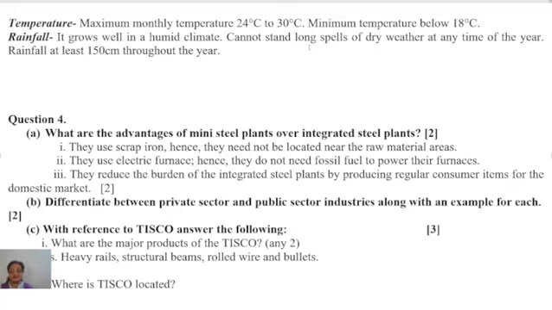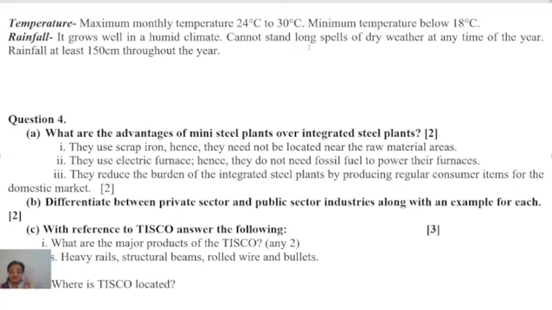You can see now. Number one, these mini steel plants are using scrap iron, which is actually left-out iron in the integrated steel plants. The scrap is being used as raw material in the mini steel plants, so they are never worried about getting established close to the mining areas.